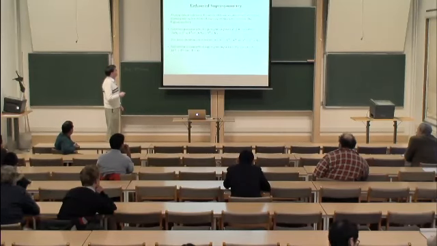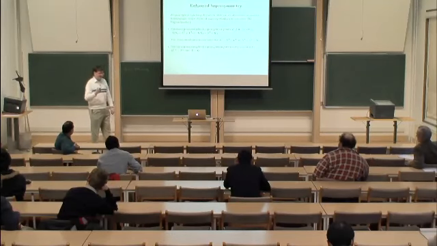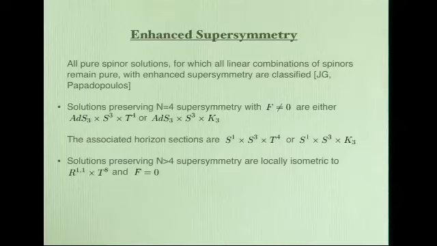Now, I mentioned briefly before the issue of enhanced supersymmetry, which is what this spinor geometry approach can help you a lot with. And we've shown that if you consider pure spinor solutions, for which all possible linear combinations of the spinors stay pure, then one can completely classify the solutions. This is work done by myself and George Papadopoulos some time ago, and there are only 2 cases.